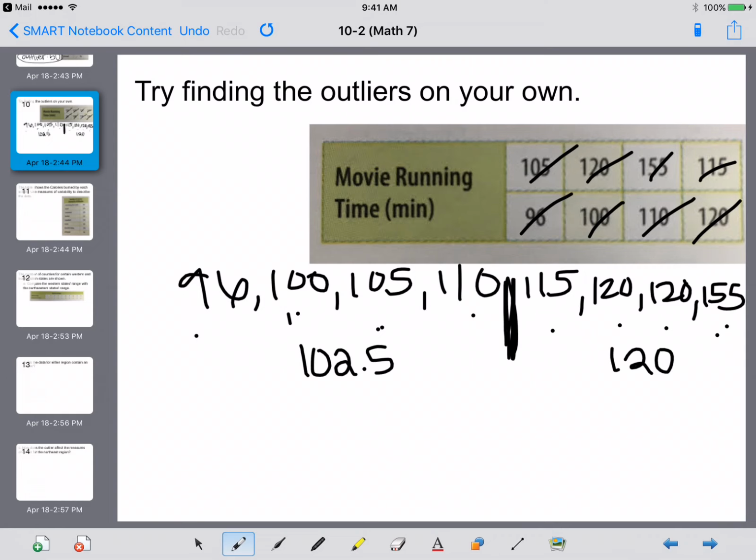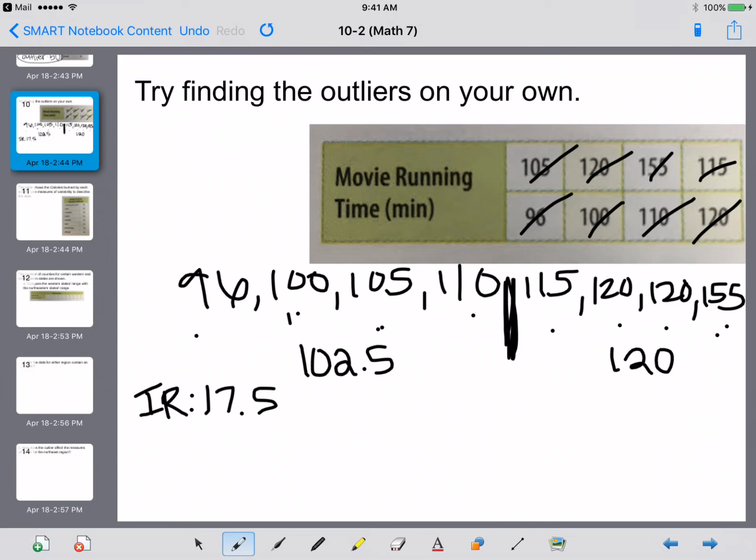So now we need our interquartile range, which is 120 minus 102.5, which I believe is 17.5, but I just want to double check. Yes, it is. So our interquartile range is 17.5.